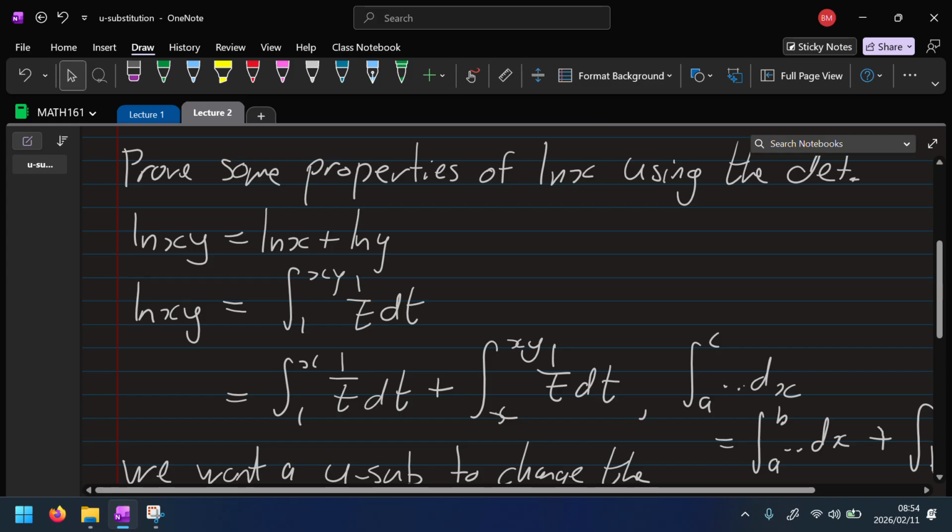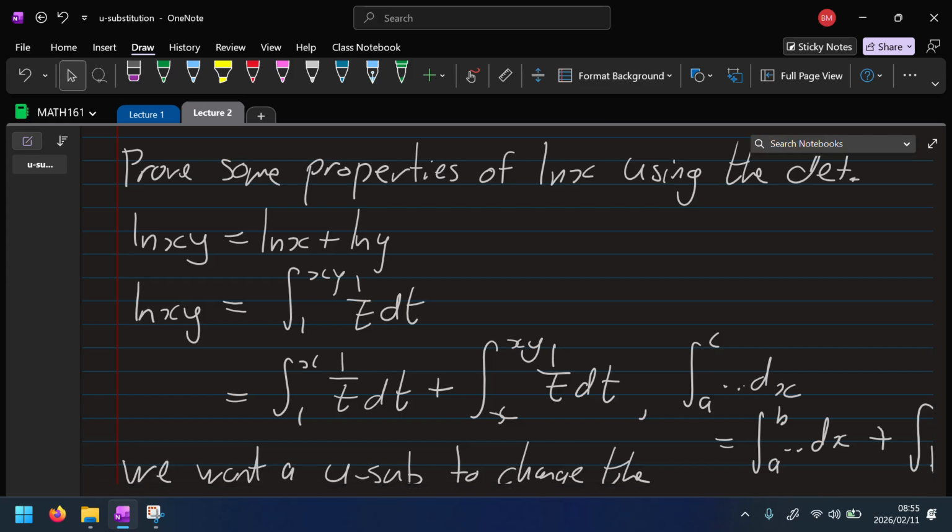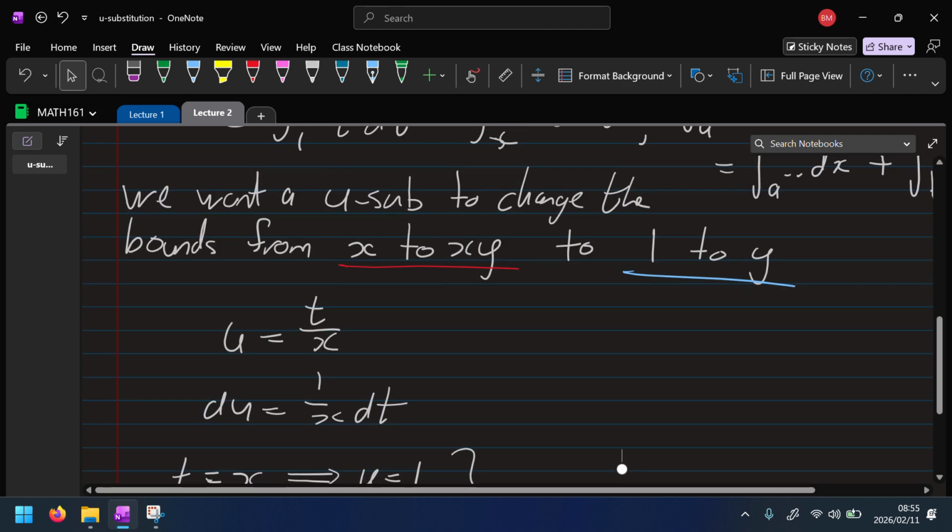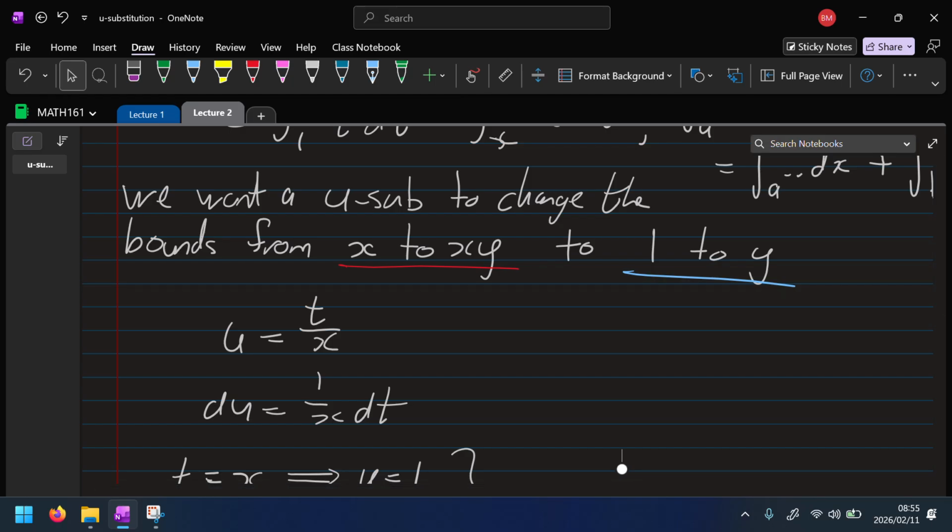Okay. So the old function was 1 over t. We did the u substitution, so it's going to be something with u. So what will it be? If u equals t over x, then 1 over t will be what? The little swap of variables. Yeah, write it out. So u equals t over x. Do the swapping of the variables.